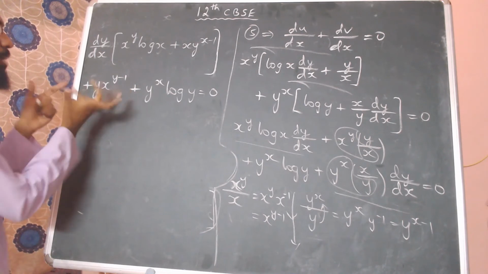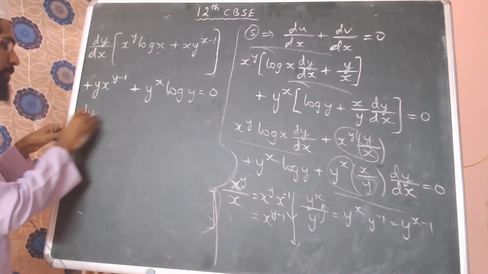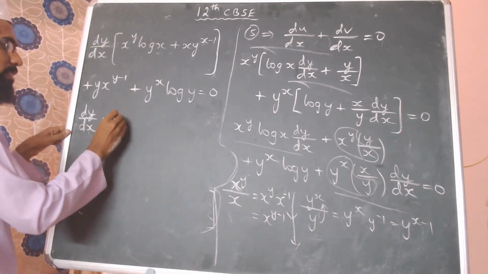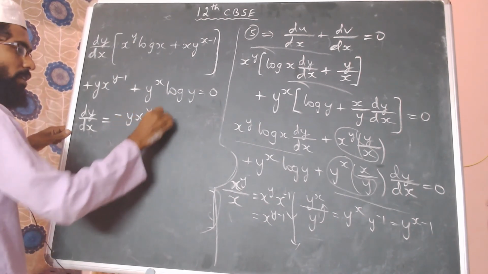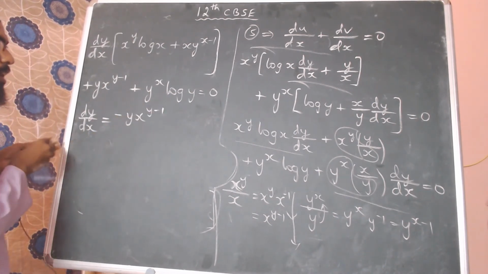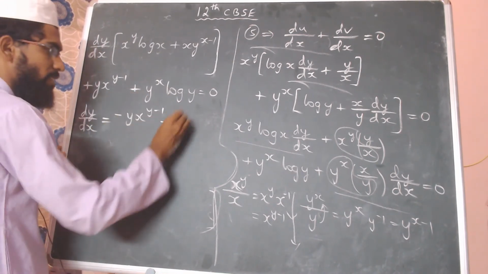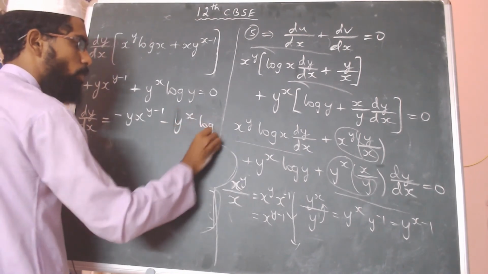Now I want dy by dx only, so let me take these terms to the right hand side. I will be getting dy by dx equal to minus y into x power y minus 1 minus y power x into log y.